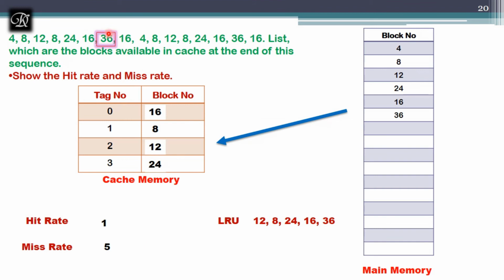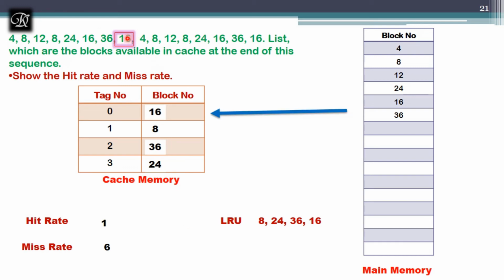The request is for 36, and for 36 again there is no empty space, so something has to be removed. See the LRU. The next least recently used block is 12, which can be removed. So we can remove 12, increase the miss count, and add 36 in the 12th place.